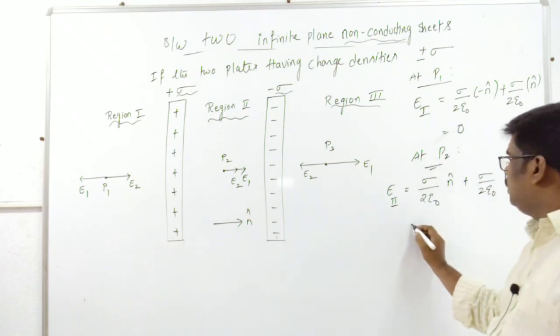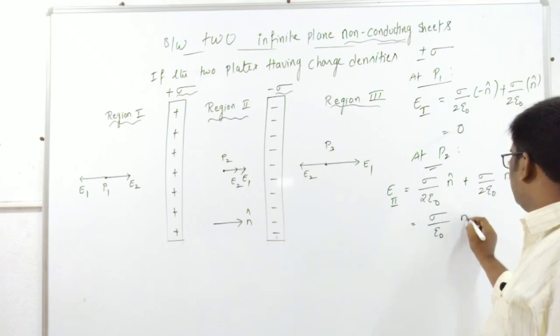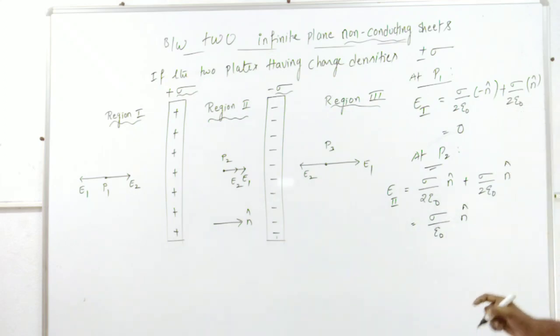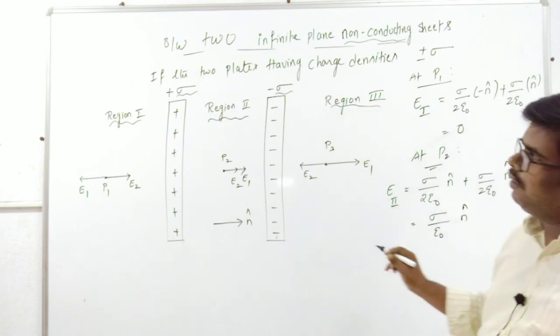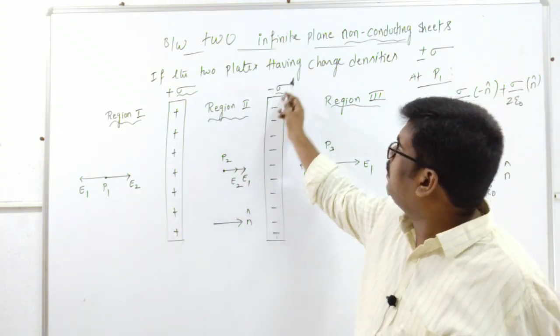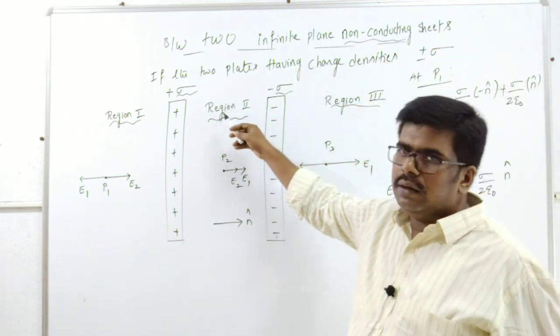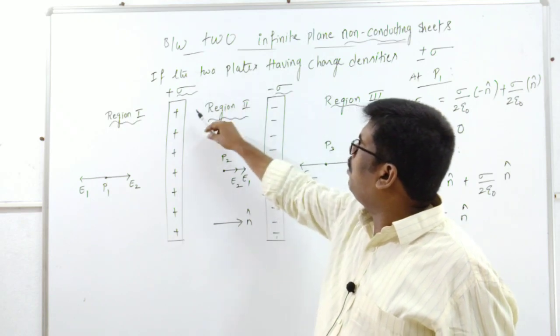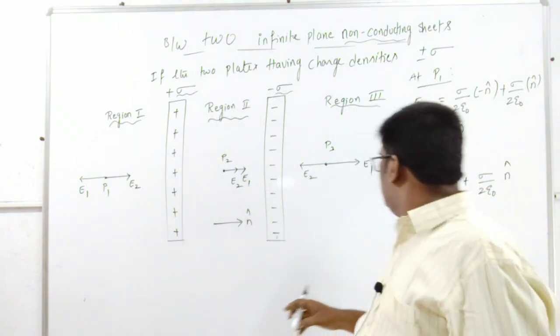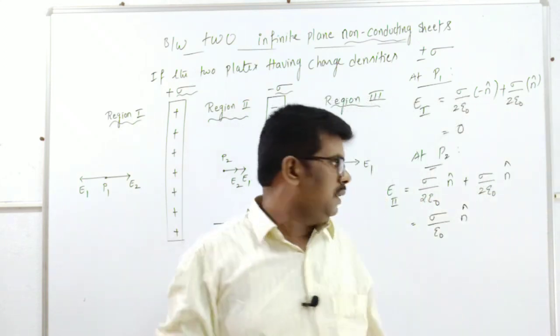If we add both, we get sigma by epsilon naught n cap. This is the electric field intensity between two non-conducting charged sheets having equal charge densities and opposite charge.